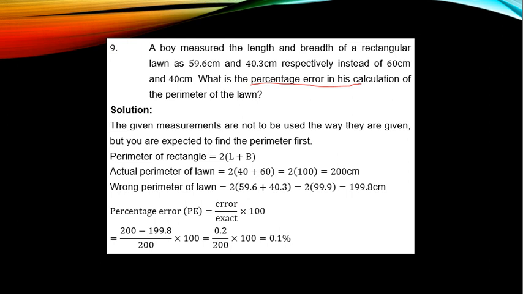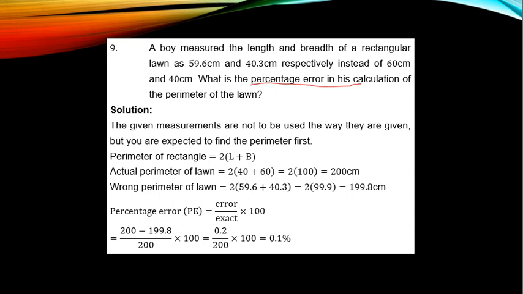Okay, now it is very clear. Instead of 60 against 40, he measured 59.6 against 40.3. There's already variation. So to get the exact, we need the perimeter of the actual line and the wrong perimeter as well.